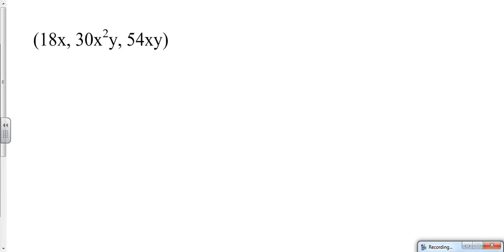I want to add one example in here because it has 3 and I think it's worth mentioning. If we take a look at each one, we found out this one has prime factors of 2 times 9 and 3 and 3. So this one's going to be 2 times 3 times 3 and then X. This one has 2 and 15, 3 and 5.